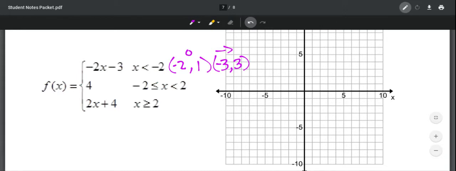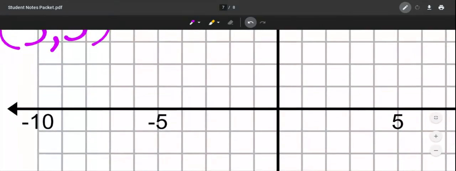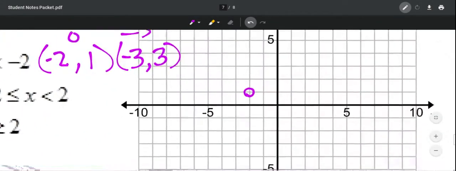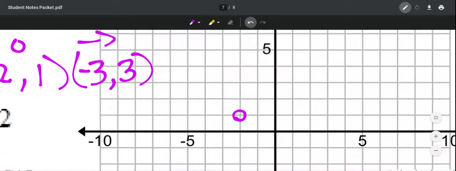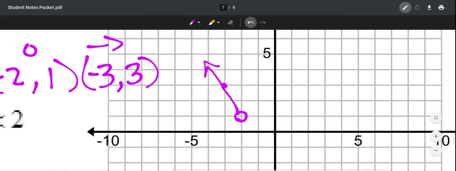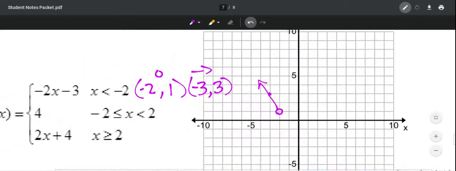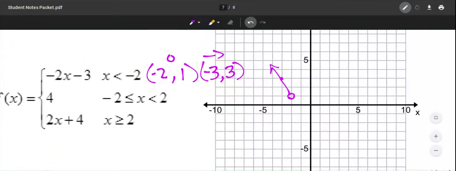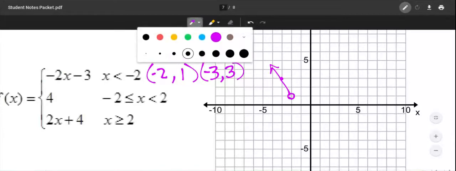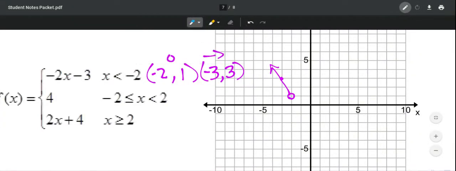So -2, 1 is here. And then -3, 3, 1, 2, 3 is where my arrow goes. One thing, make sure that your arrow doesn't always go to the right. It just goes towards that point. So that's why it's going up and to the left, because it goes towards -3, 3. Sometimes people get confused of that.